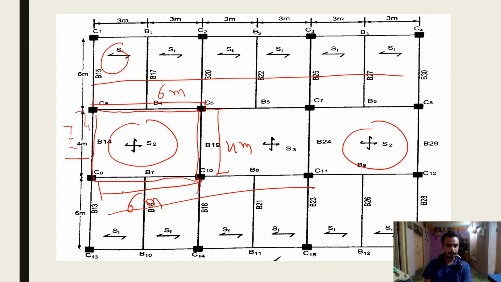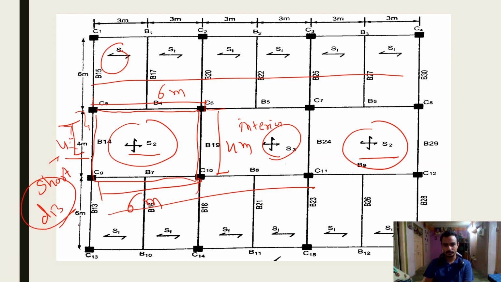The shorter edge. S3 is called an interior panel, but we design S2 here. So for S2, one short edge, this 4 meter short edge, is discontinuous.